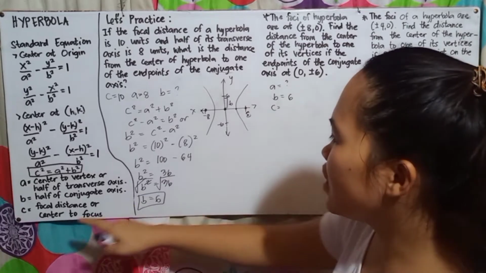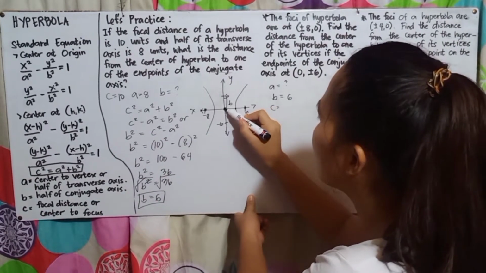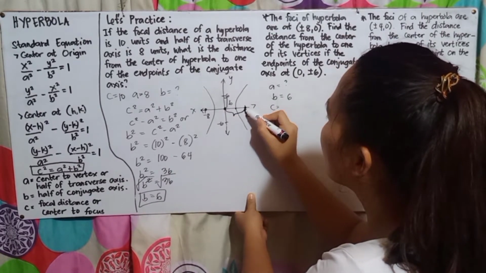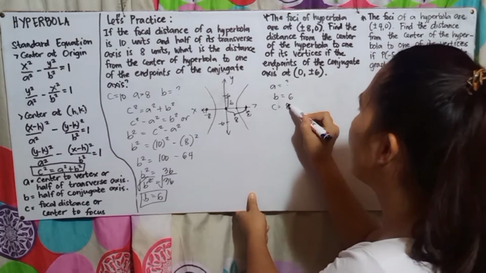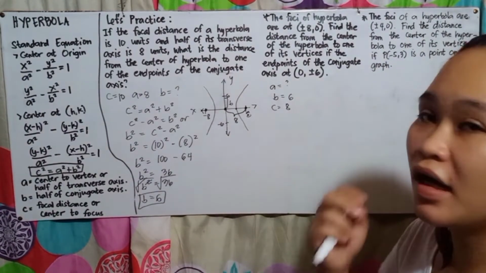Then C is the focal distance, center to focus. Since ito yung center, then ito yung focus, therefore C is 8. So ang ating i-compute is the value ng ating A.